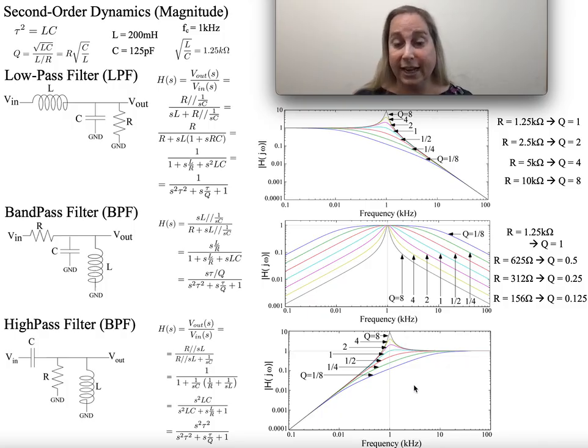The high pass is exactly the same, just flipped around the frequency axis. So now this goes to 1. I still see where the Q values are. For Q being 1/8, I can see that it's flat. It has an increase of just j omega, and then everything falls into the j omega squared.